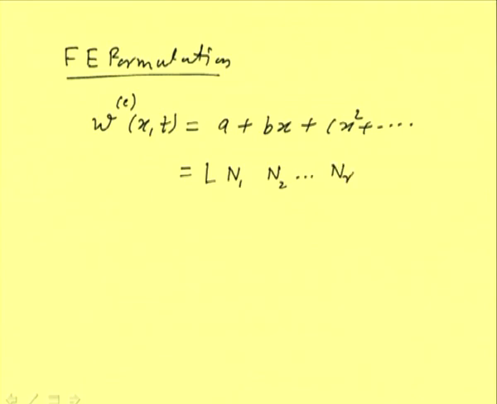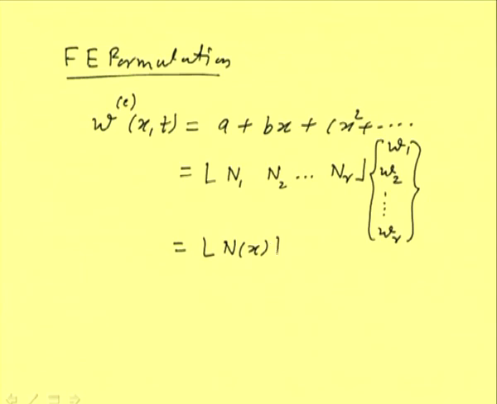Let us say they are r in number, and corresponding displacements at various nodes we have, and in more general form it can be written as this. Here N is a function of x only and w is a function of time.